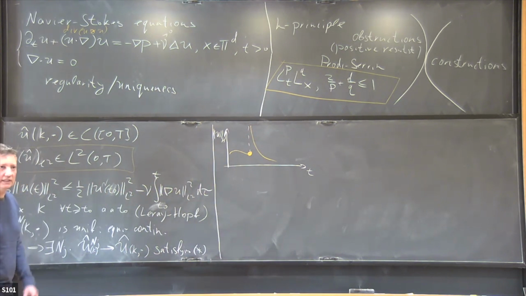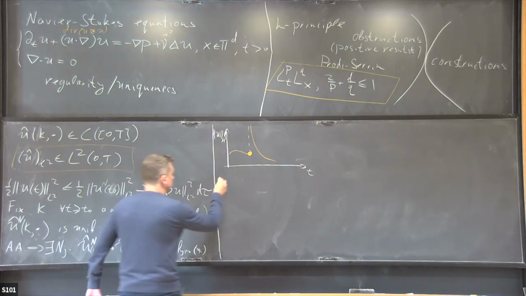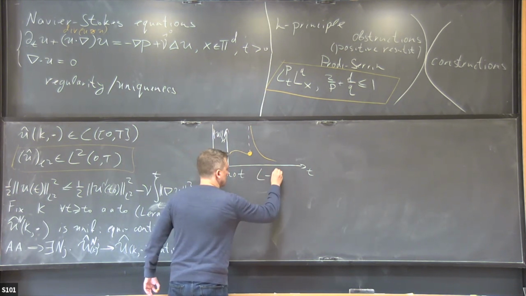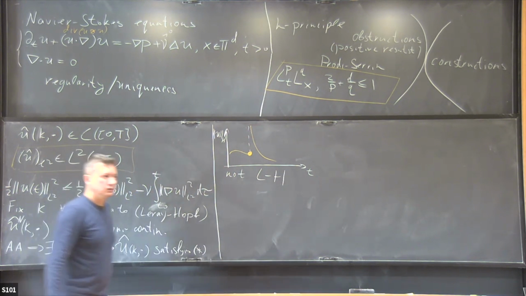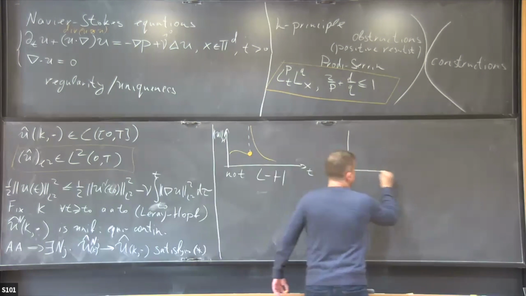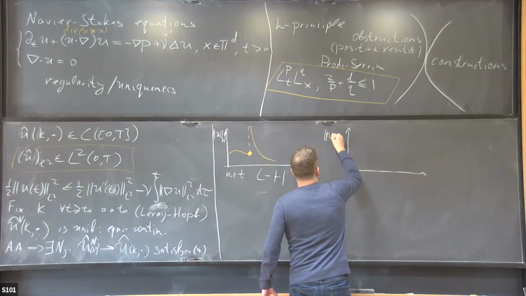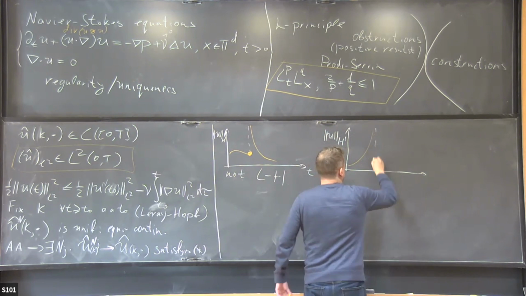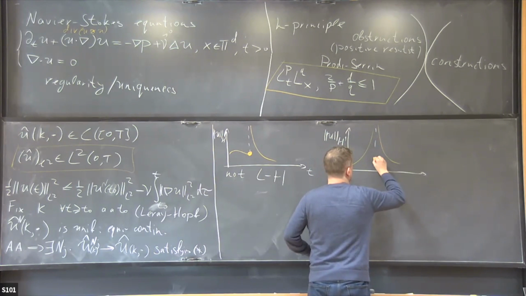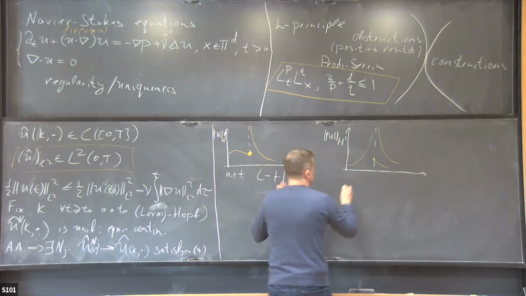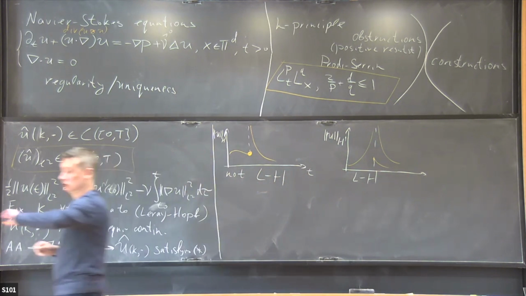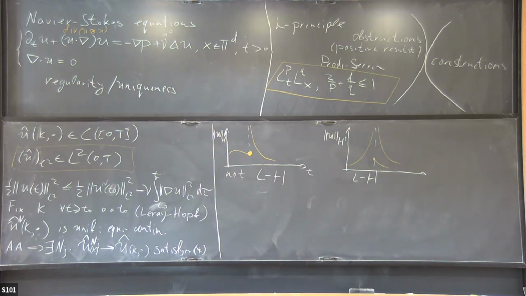It cannot blow up instantaneously. Weak solutions like this might exist, but they would not be Leray-Hopf. For a Leray-Hopf solution to blow up, you first need to have a blow-up from the left, and then many different things can happen. So such a solution can be potentially Leray-Hopf. Okay. Any questions?